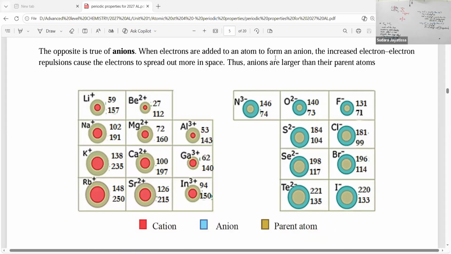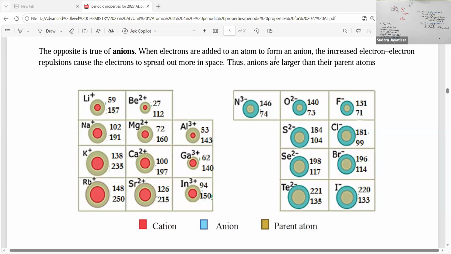Now the diagram just underneath the paragraphs. Maybe a little bit confusing, but I'll explain. The dark color region in the first set of diagrams is the cation radius. You can see they have listed the cation radius from above. If you take lithium, 59 is the cation radius. 157 is the atomic radius, the one we discussed above.